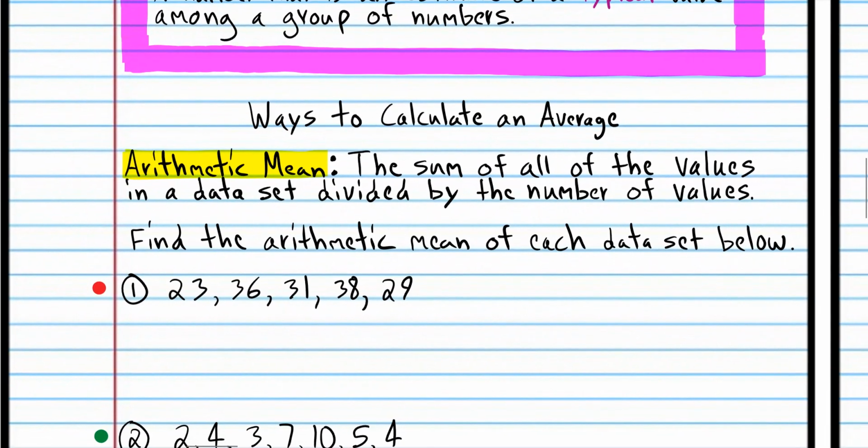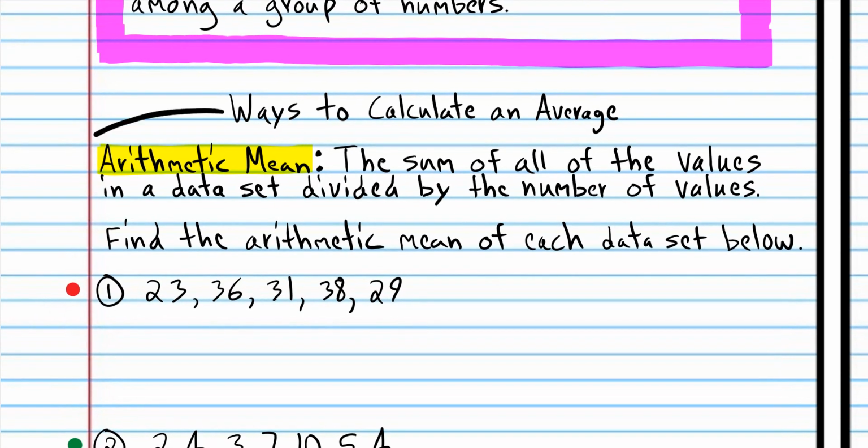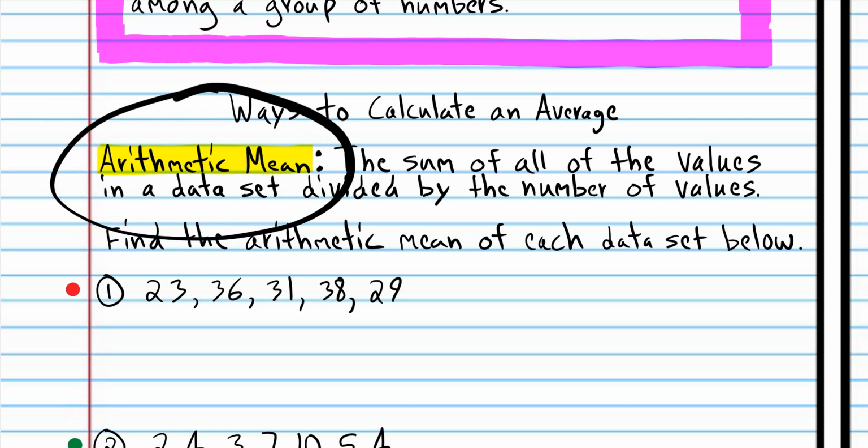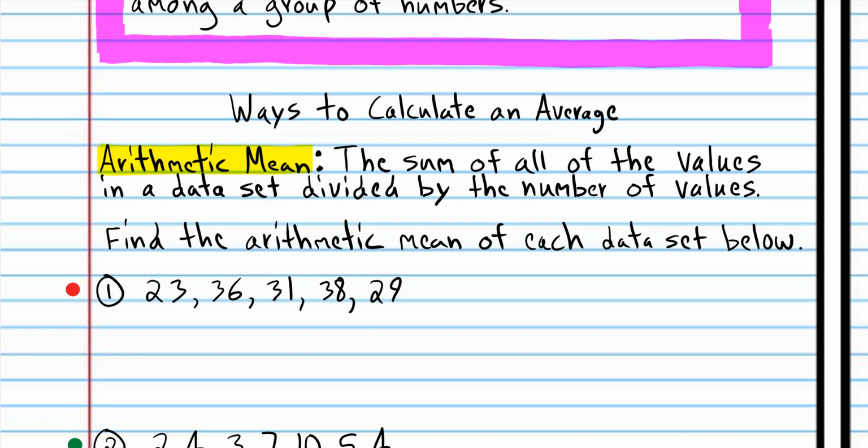So now let's look at the different ways to calculate a typical value. The most famous way is what we call the arithmetic mean. This is just a fancy way of describing what we usually think of when we talk about the average. You can consider the arithmetic mean the default method.